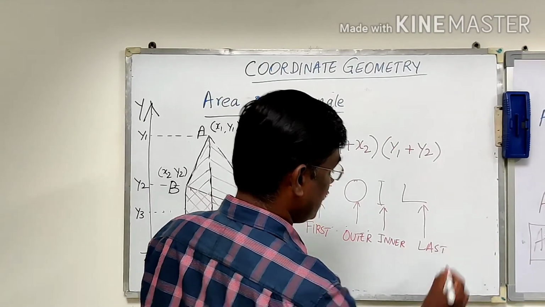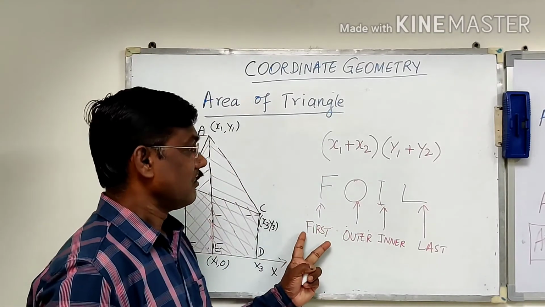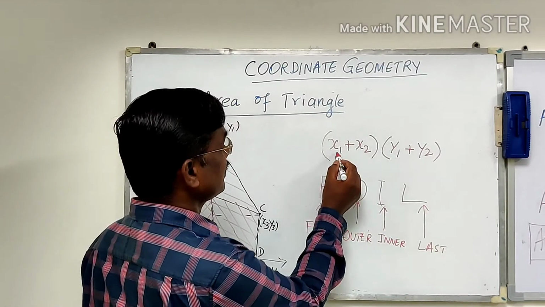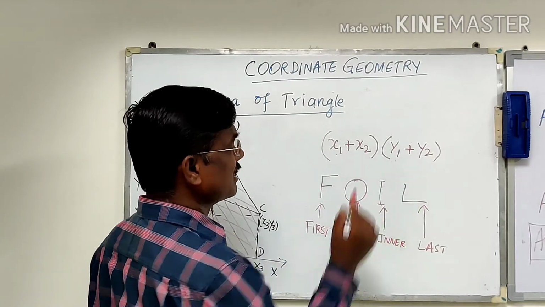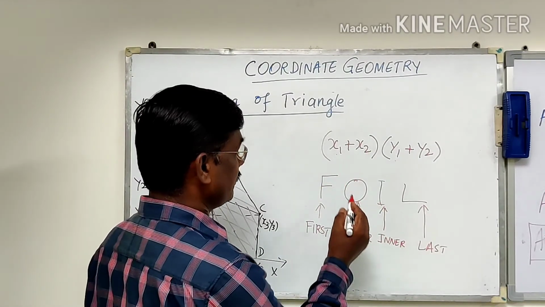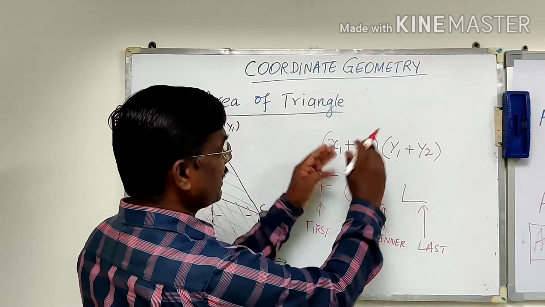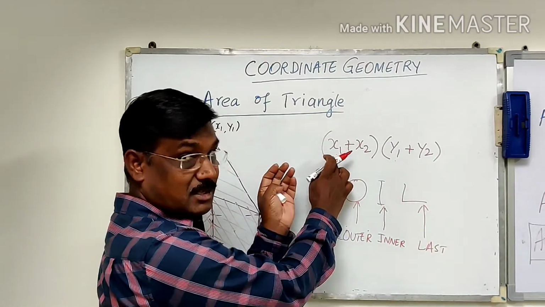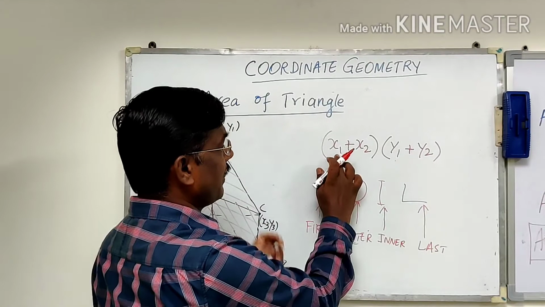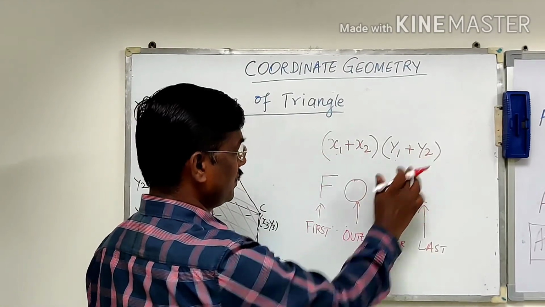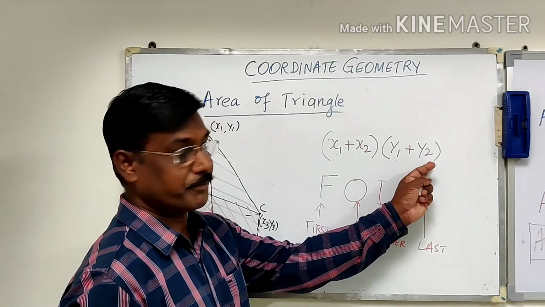That is, first you have to multiply the first terms. What are the first terms? x1 is the first term here and y1 is the first term here. So first we have to multiply these. Then outer. What is outer? Outer means extreme. x1 is the first term as well as extreme, so x1 here, and y2 is at the extreme.